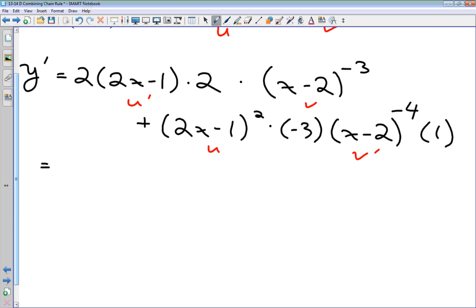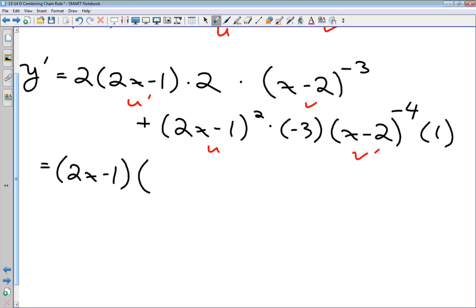Okay, so now we can start thinking about how we're going to factor this. Let's see, the 2 and the 2 give us a 4. Our coefficient on the other one is going to be a negative 3, so there's no factoring there. We have a 2x minus 1 that's common to both of them, so we can factor out the lowest power of 2x minus 1, which is just 2x minus 1 to the 1. And then we can factor out the lowest power of x minus 2. Well, we've got an x minus 2 to the negative 3 and x minus 2 to the negative 4.